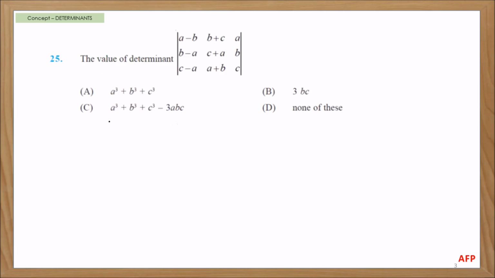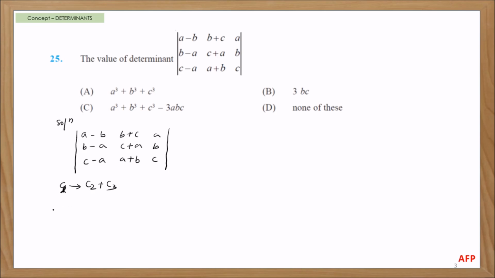Next. So a very simple and simplified determinant we are having. So we will write the determinant as it is, a minus b. You can see a, b plus c is there, a is missing, c plus a is there, b is missing. So we will make c2 equal to c2 plus c3.